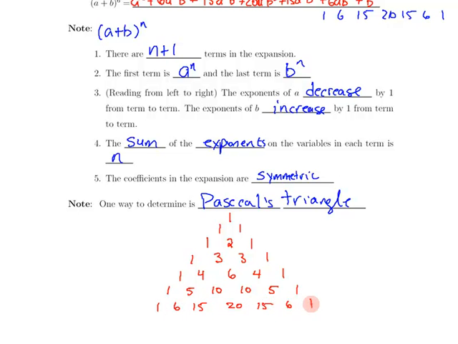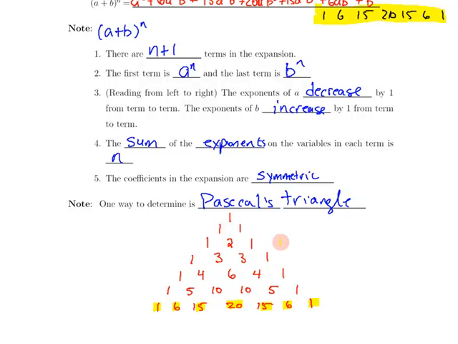Now what do you notice about these? These are familiar because I just wrote them above whenever I was looking at the coefficients of that expansion. In fact, look right here. Those are the coefficients for the a plus b to the 6th: 1, 6, 15, 20, 15, 6, 1.